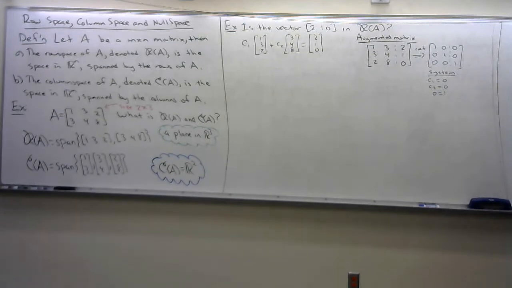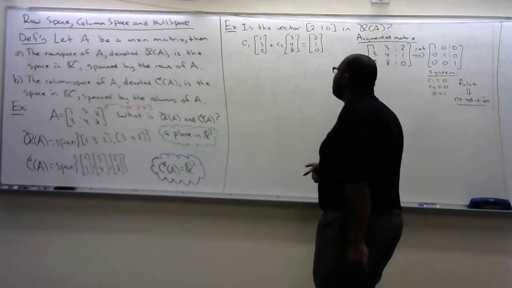By the way, 0 equal to 1 is a false statement, right? So that means there is no solution. We've done these types of problems before. If there's no solution to this equation, that means that 2, 1, 0 is not in the row space, okay?